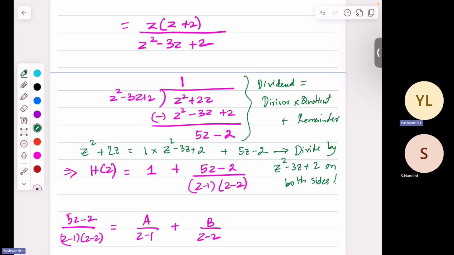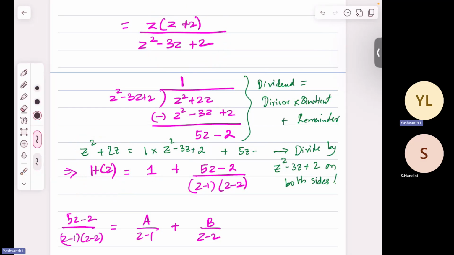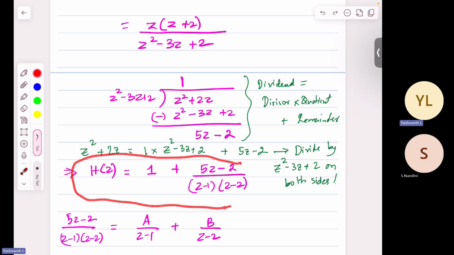If I do this, this becomes z square plus 2z by z square minus 3z plus 2. That is nothing but h of z. That's why I wrote h of z. So z square minus 3z plus 2 will cancel the first term. That's why it's 1. Second term, 5z minus 2 will just get divided by z square minus 3z plus 2, which can be factorized as z minus 1 into z minus 2. Is this clear? This h of z, is this clear?